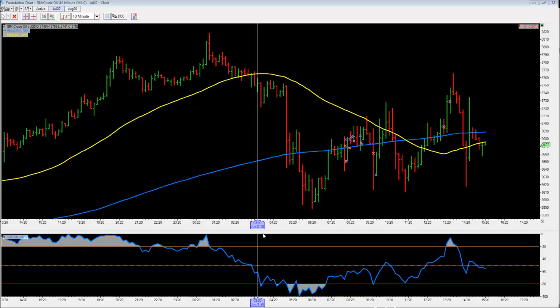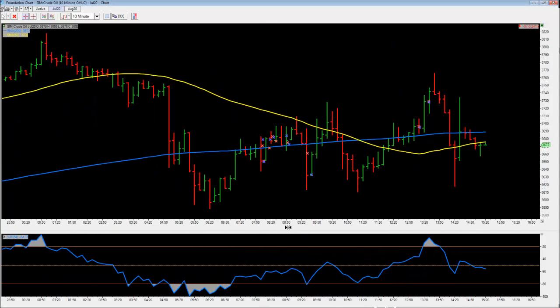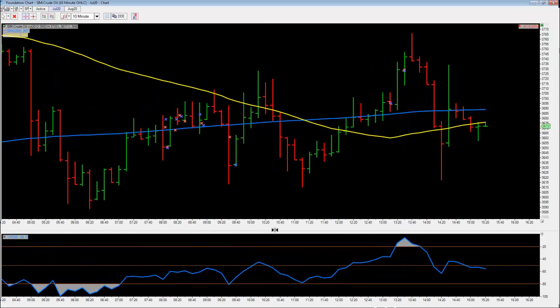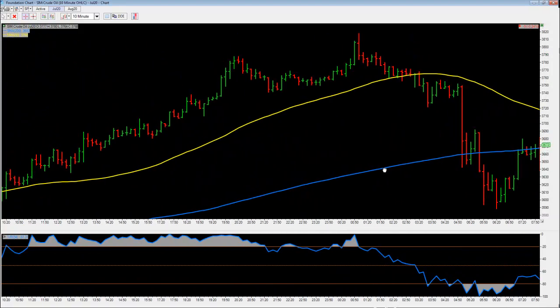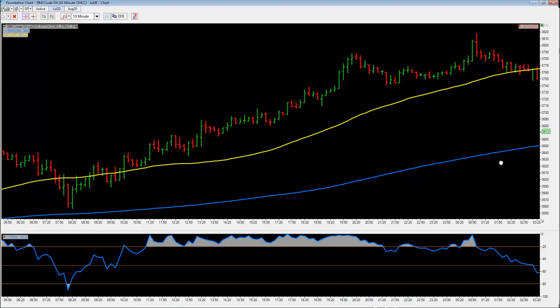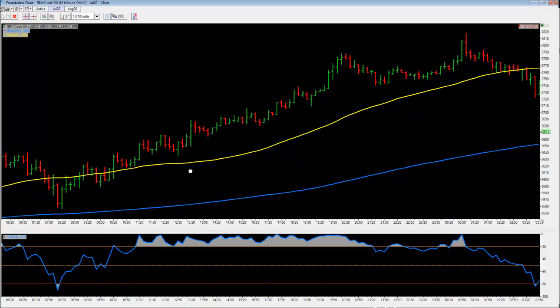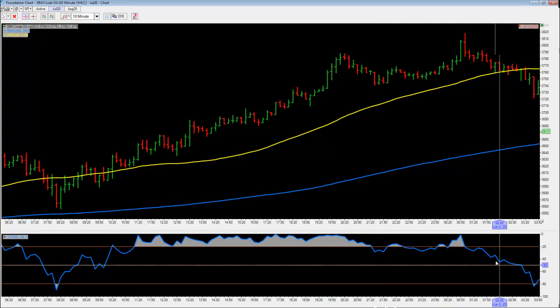Let's just go back here and let's talk about wave. Let's find a good pattern first. This one's looking okay.